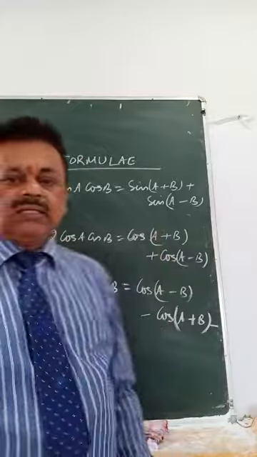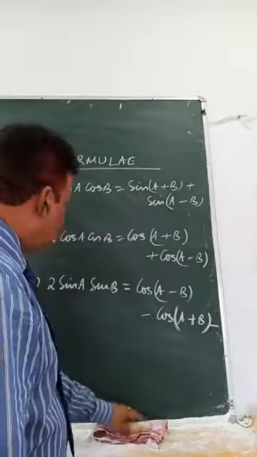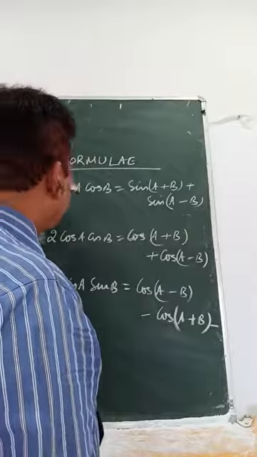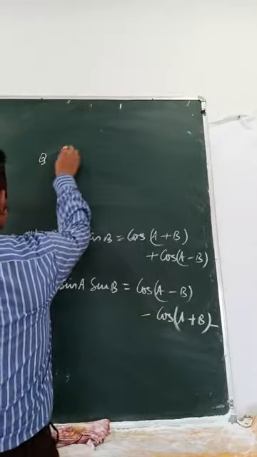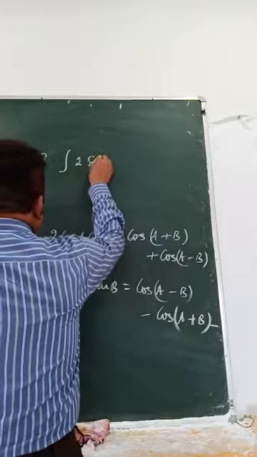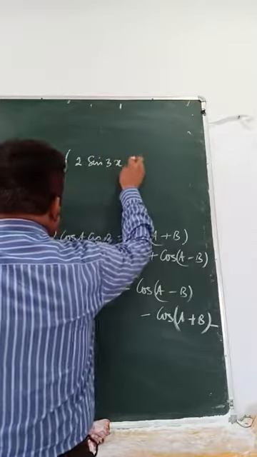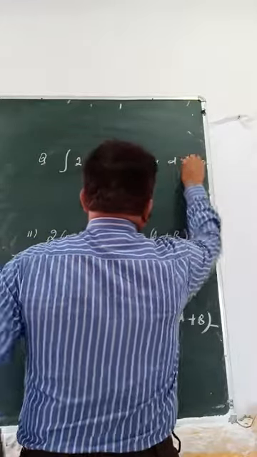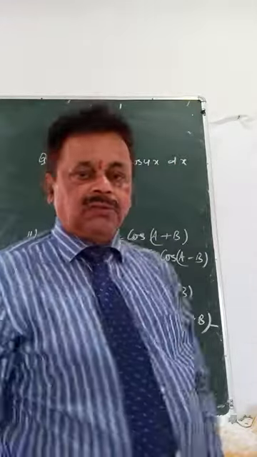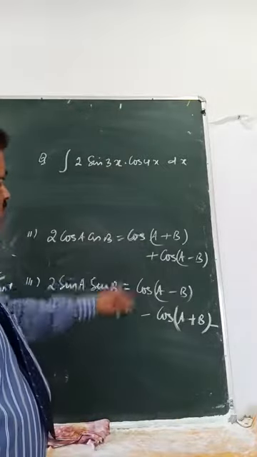So look at its application. Suppose you get a question: 2 sin 3x into cos 4x dx. Product rule we have not learned so far, so we will be using this formula.